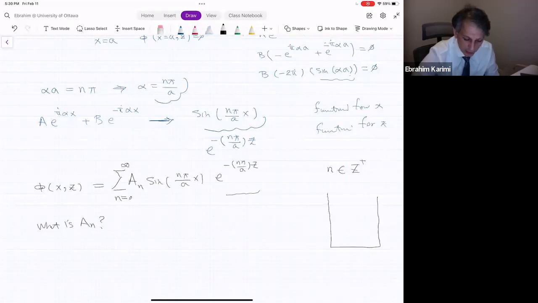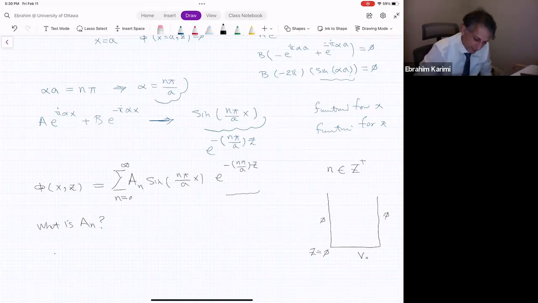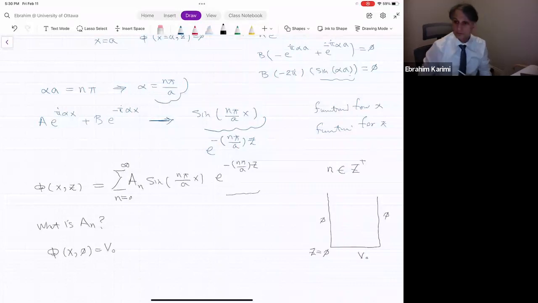That was the potential that we had. How many boundary conditions did we use? x equal to 0, x equal to a, z equal to infinity, but we have never talked about z equal to 0. So then how do you find an? We say that phi for any x value and z equal to 0 should be equal to v0.